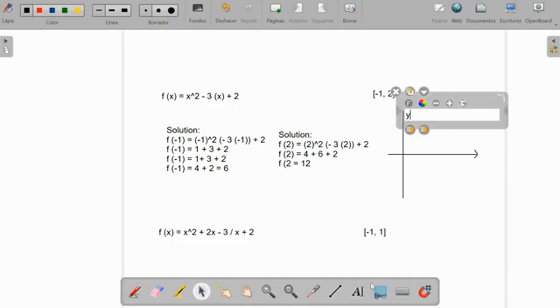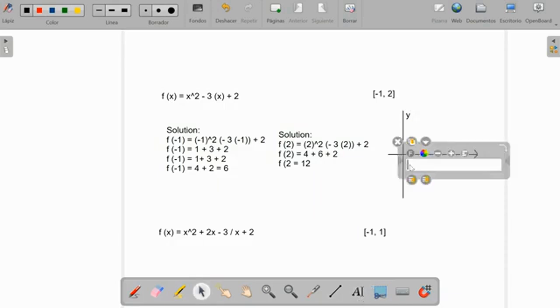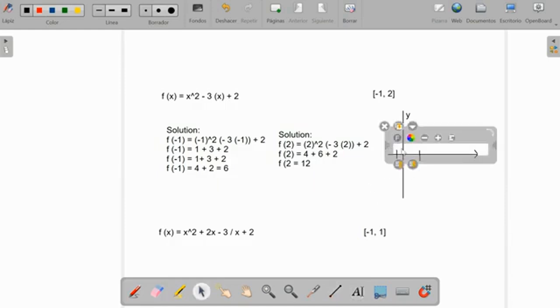Y and X. Now what we have to do is just to interchange one on the left side, which is this one, and one another on the right side, which is this one.